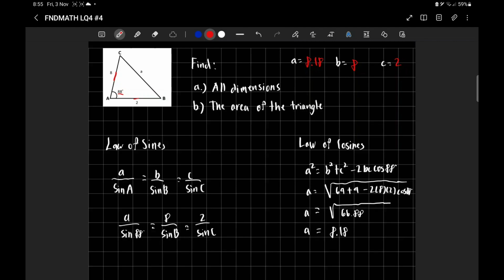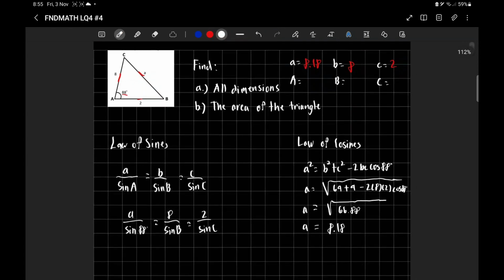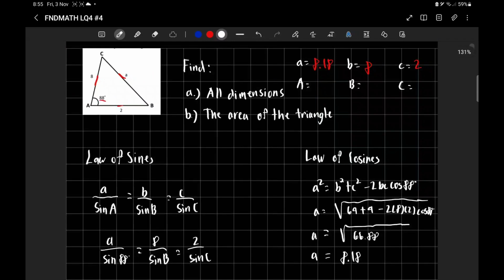And our big A, which is the angle. So don't be confused. The small a is just the length of the side, and the big letter is just the angle opposite to the side. I mean, because opposite of A is just this length, and its angle is 88, right? So don't be confused.